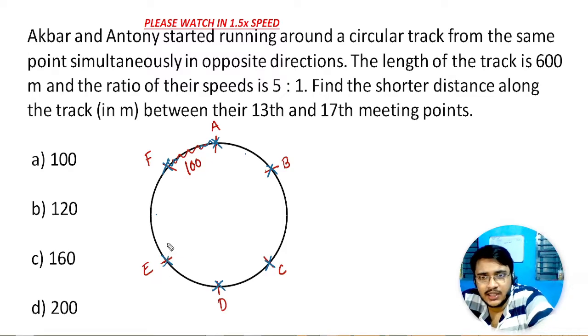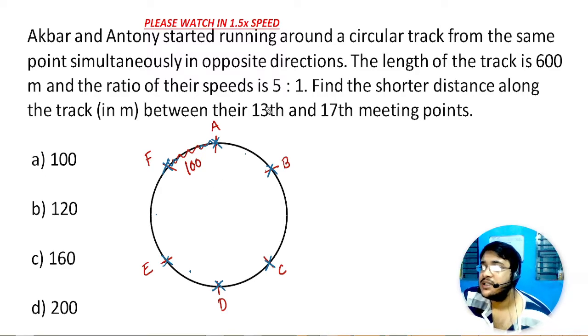This fellow is running this way, this fellow is running that way. The distinct meeting points are only these positions, and all of these positions are 100 meters apart.